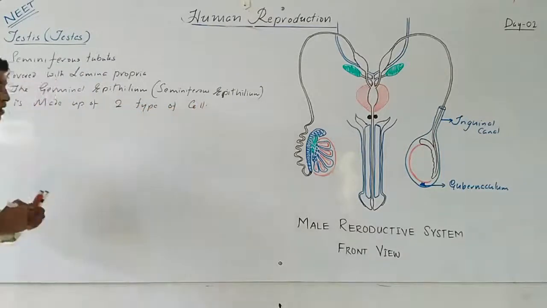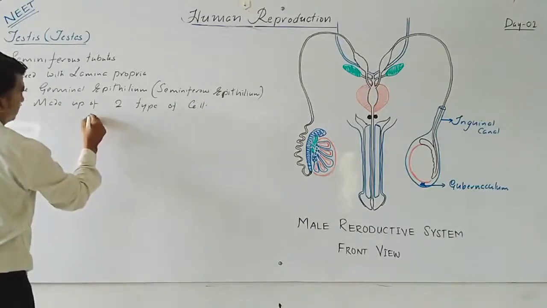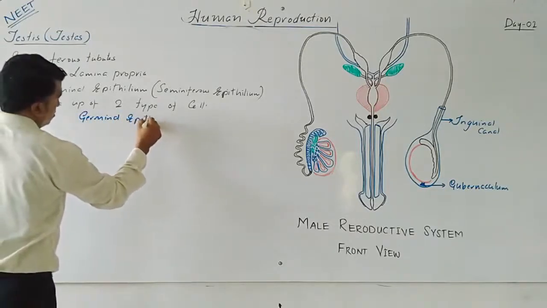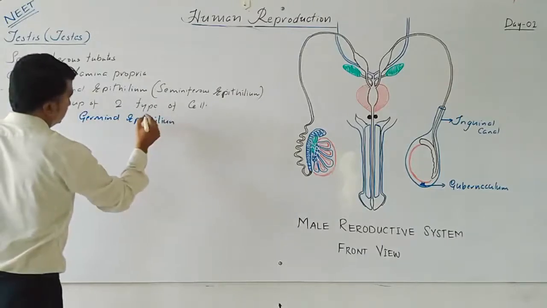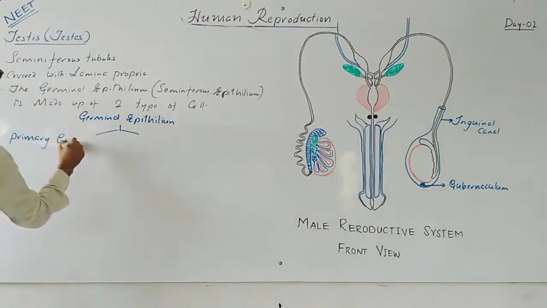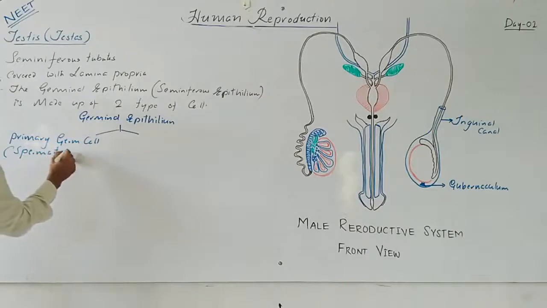Yes, two types of cells. One is called a primary germ cell, or it is also called a spermatogonium.